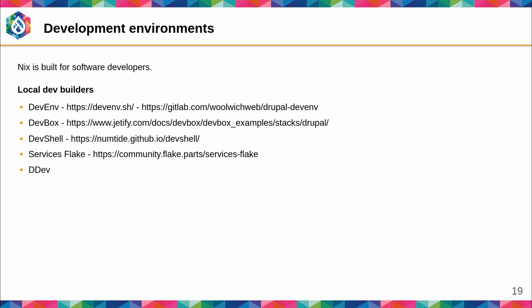There is Nginx, there is Postgres, a bunch of Apache servers. There's no Solr, there's no Caddy, there's no PHP. So I still had to kind of bridge that gap, but that approach I really liked. So that's what I built on top of, Services Flake, and that's what the Drupal Flake is based on.